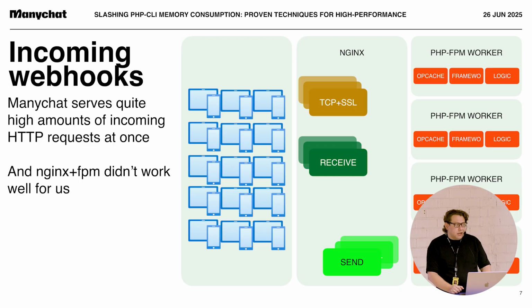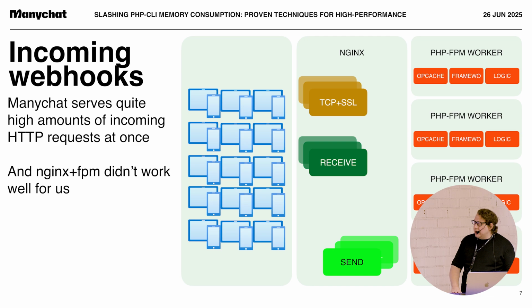Just throwing money and scaling infrastructure didn't work for us, because with PHP-fpm the concurrency we can deal with depends on the number of PHP-fpm processes running. And it didn't scale well vertically with incoming webhooks.